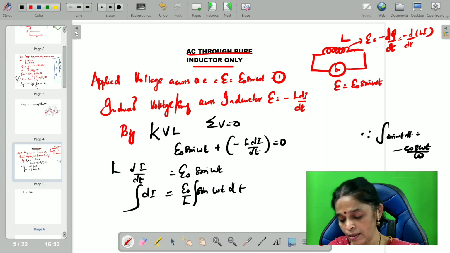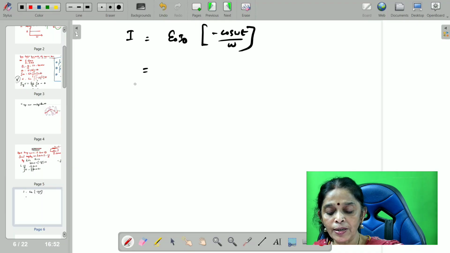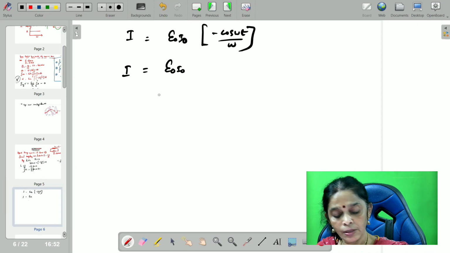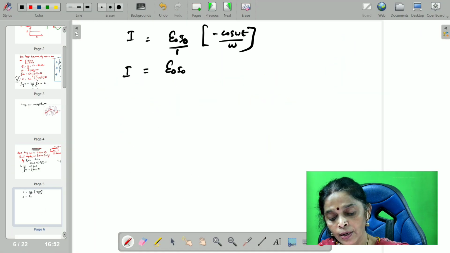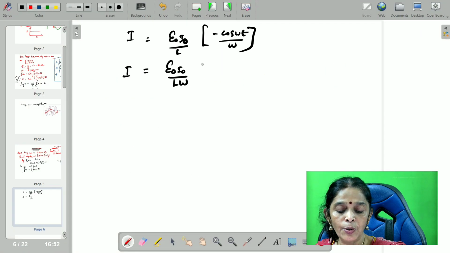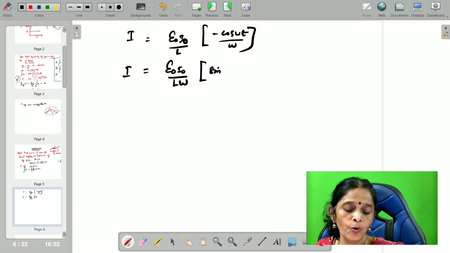Same thing I am writing here. So I is equal to E naught by L into minus cos omega t by omega, where minus cos omega t should be written as sine of omega t minus pi by 2.